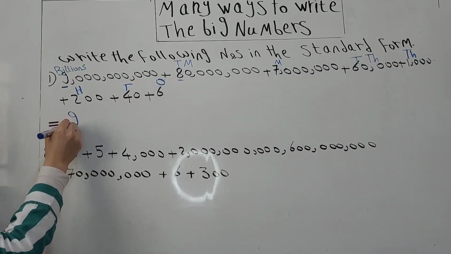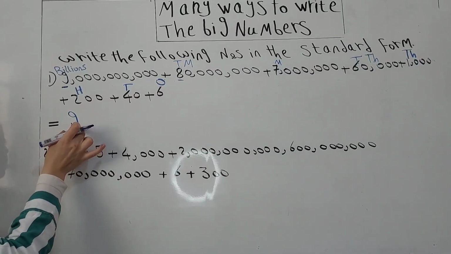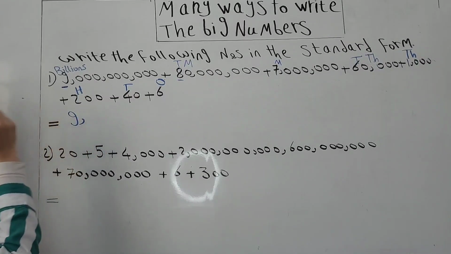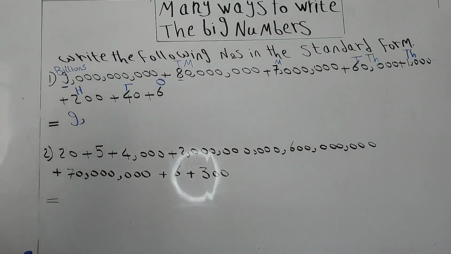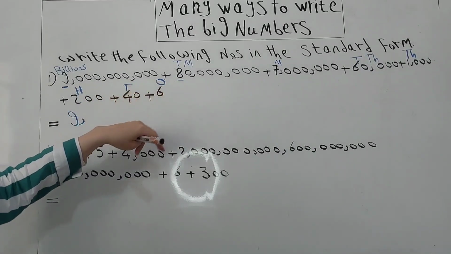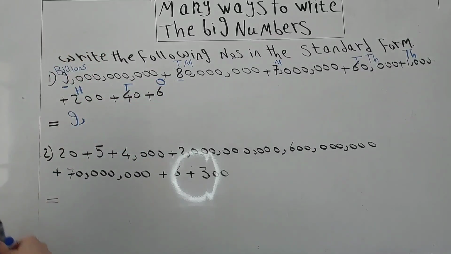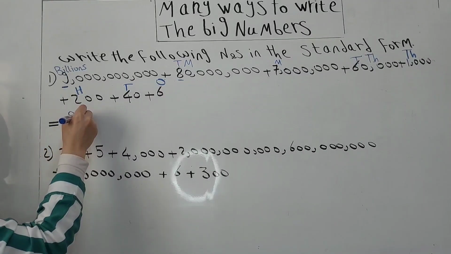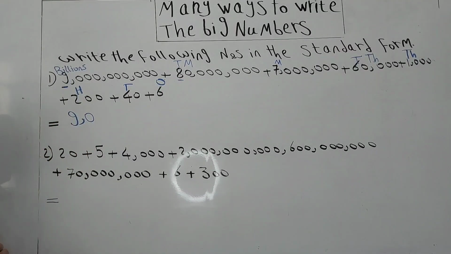So we write 9. We finish this family, so we make commas. The next higher place is hundred millions, but we don't find any digit in this place, so we hold this place with 0.